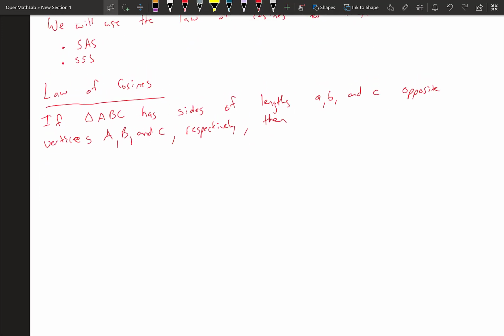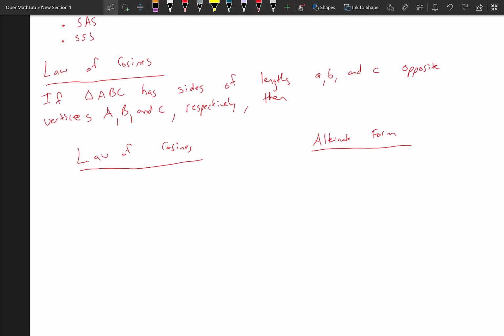Over here, I'm going to list the law of cosines equations, and each one of these, there are three of them, is going to have what we call an alternate form. Both of these will become useful at times.